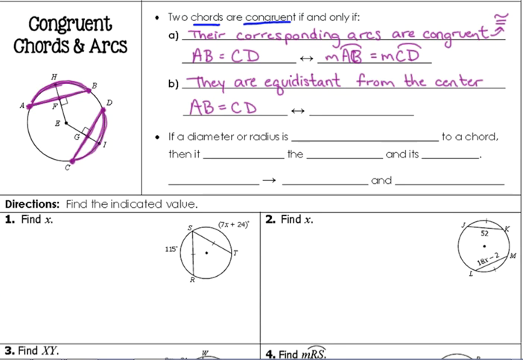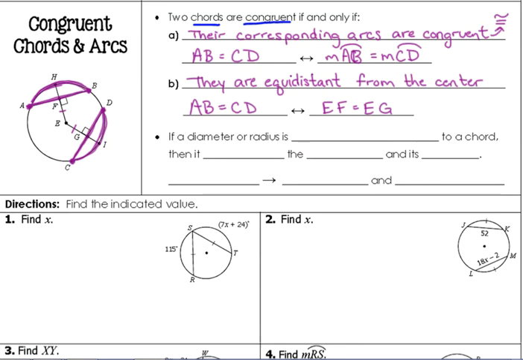So the distance from the center is EF and EG. If you look at the diagram, E is the center, so from E to F, that's the same length as from E to G. So same thing. If we know the two chords are congruent, then we know those distances are equal, or vice versa. If we know those distances are equal, then we know those chords are congruent.